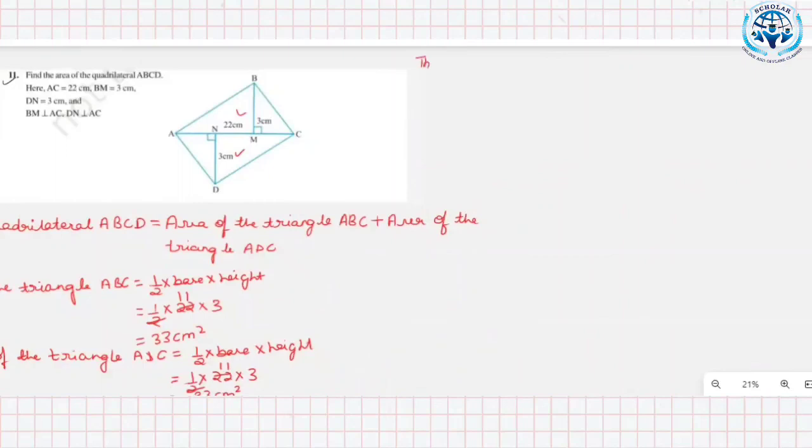Adding both these areas 33 plus 33, we get the area of the quadrilateral. So, area of the quadrilateral is 66 centimeter square.